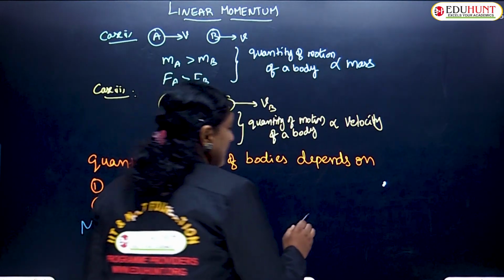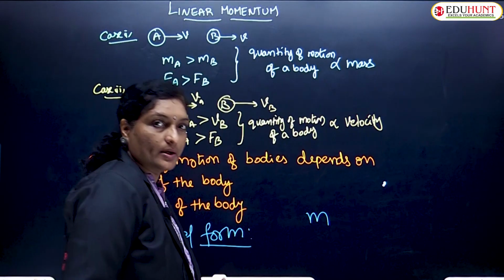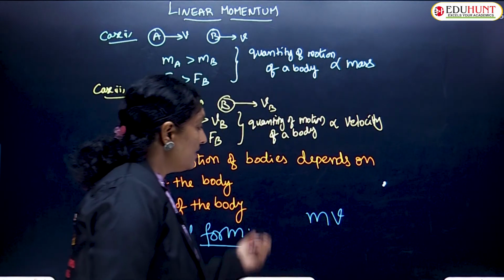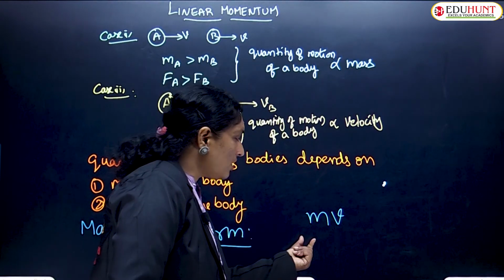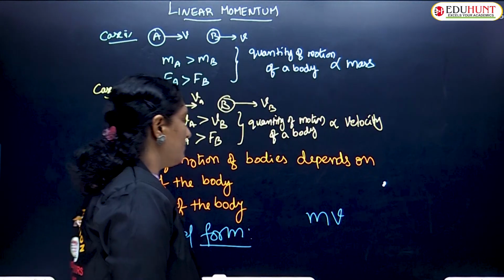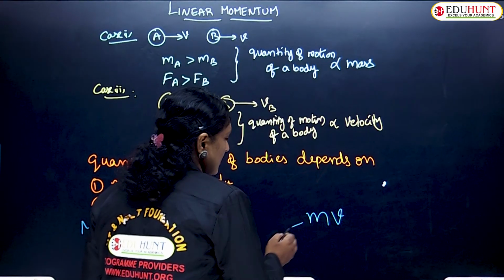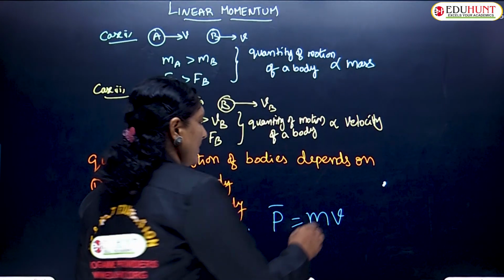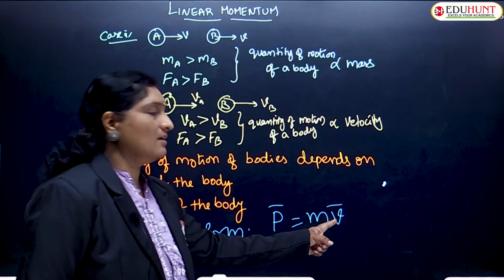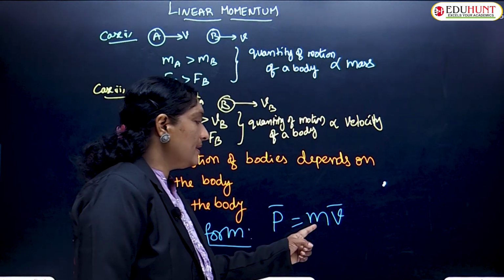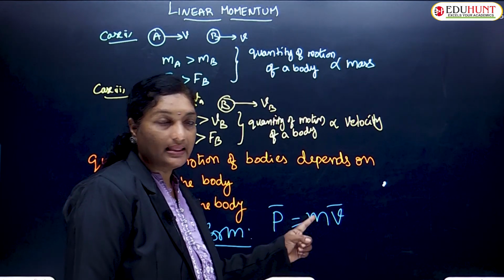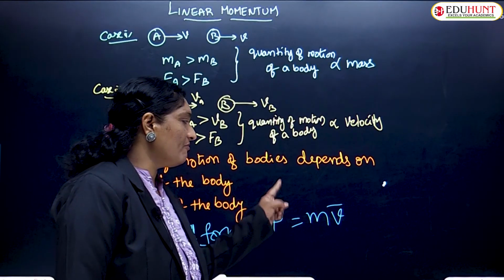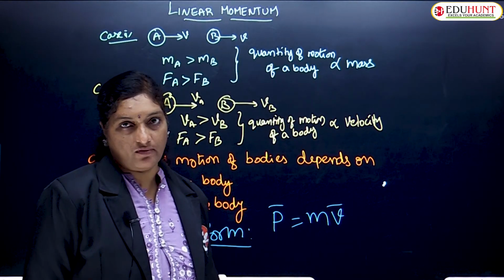If m is the mass of the body and v is the velocity of the body, then the product of mass and velocity of the body is equal to the linear momentum p of the body.